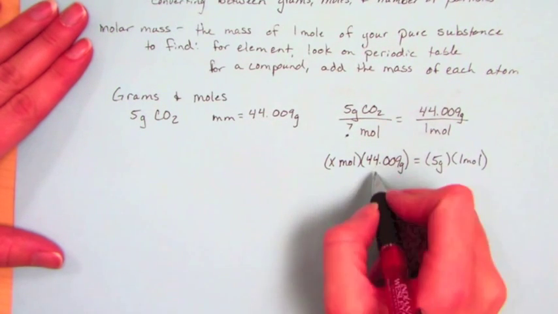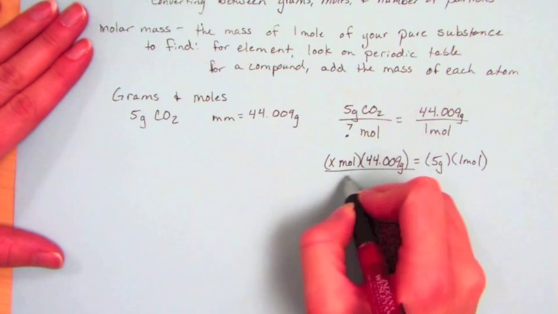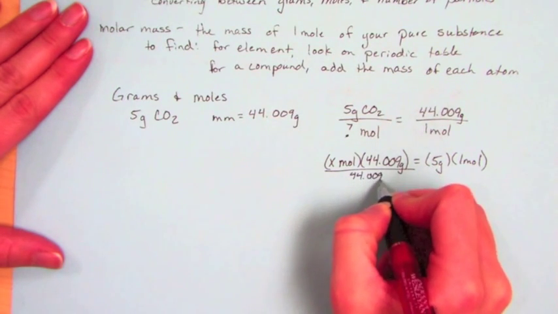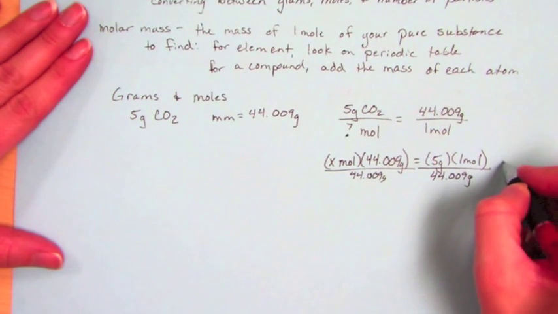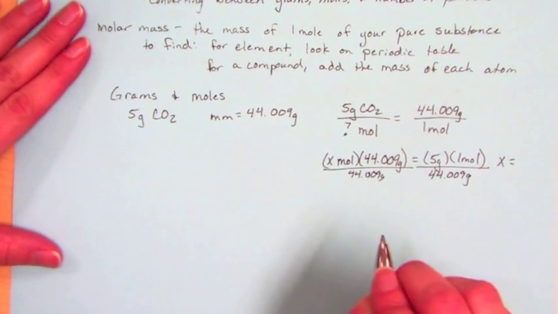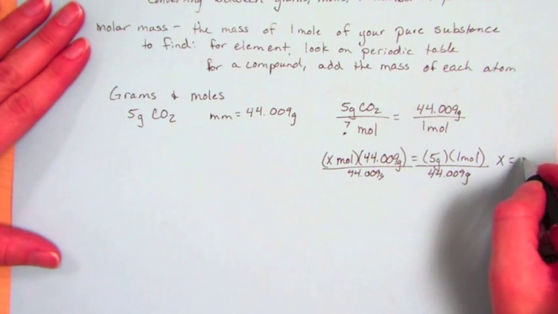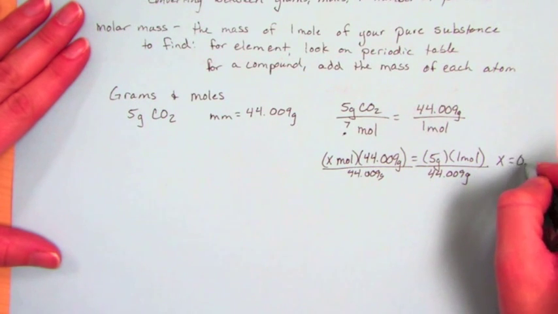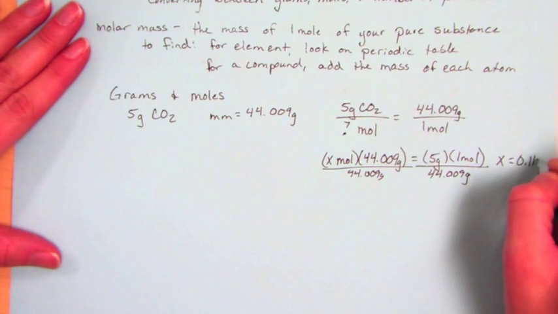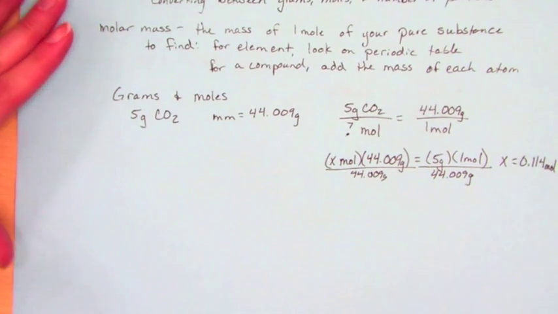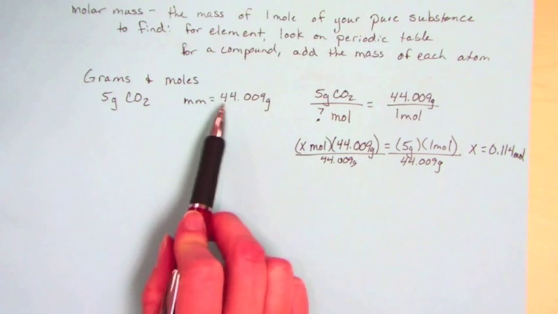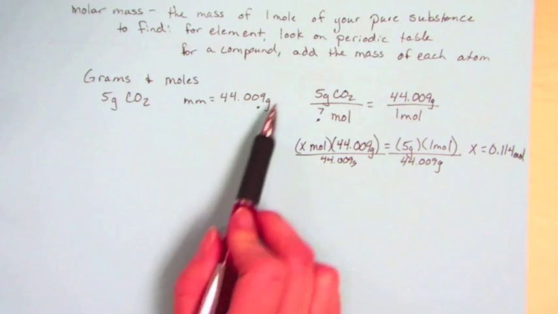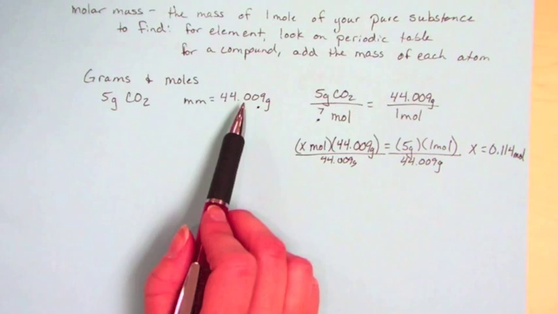If we divide both sides by the 44.009 grams, x equals 0.114 moles. Okay, so we use this molar mass, which is the mass of 1 mole, to set up our proportion.